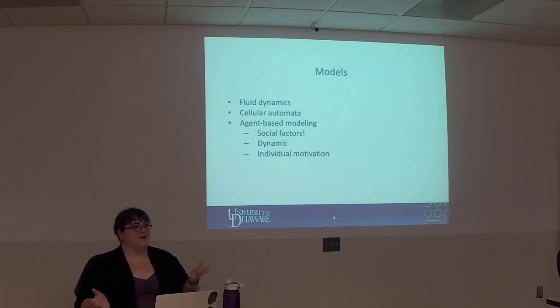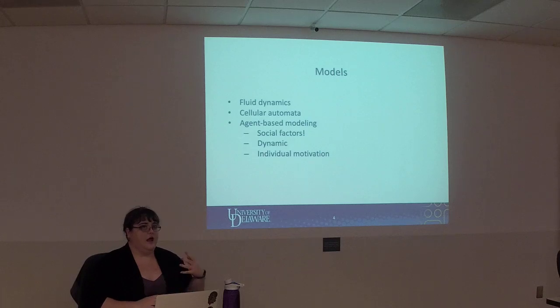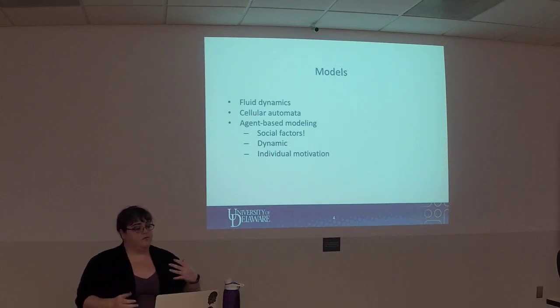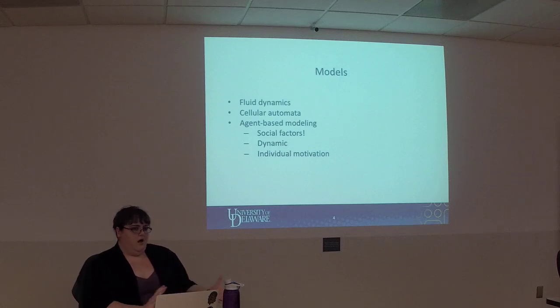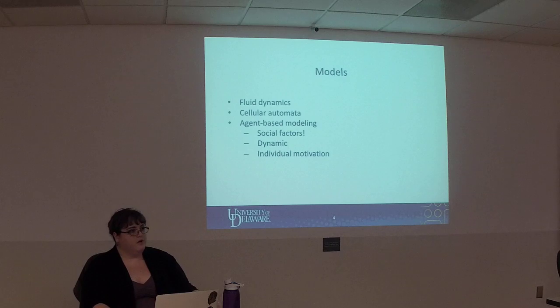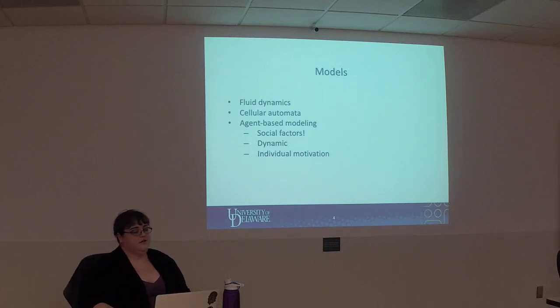Agent-based modeling is the one that I went with and was most excited about because it allows for the incorporation of social factors, and it's dynamic, and you can use individual motivation, which was really important because a lot of what confused people who were initially modeling this was the discrepancies between rational behavior and what was observed.